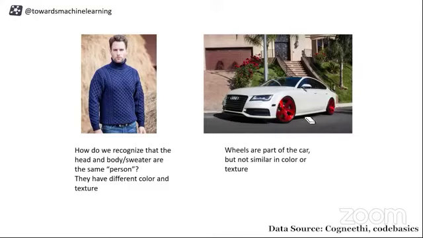Now look at this image. Let's say you have to segment out a whole car from an image. Look at the color of the car. This is white. Now look at the alloy wheels. Those are red. So on the basis of color, you can't say that both things are together. If I say texture, the texture is also not the same, right? This is a plain kind of surface. This isn't a plain kind of surface.